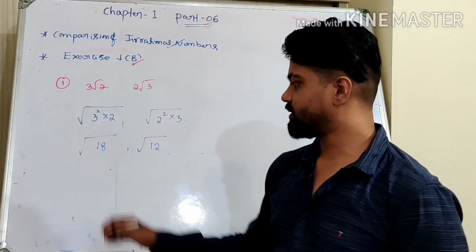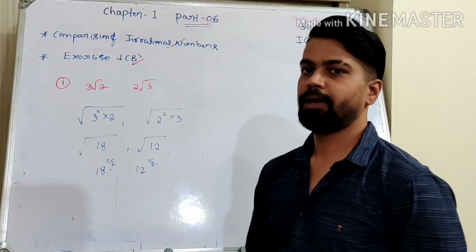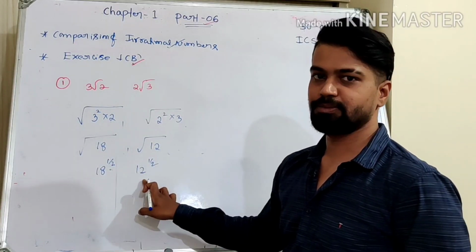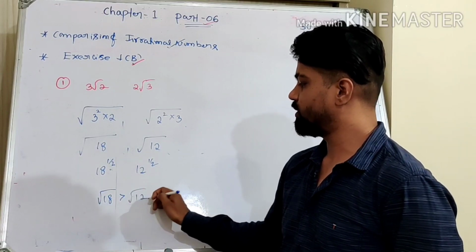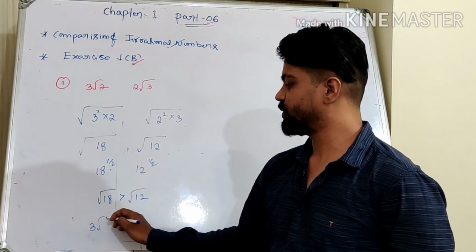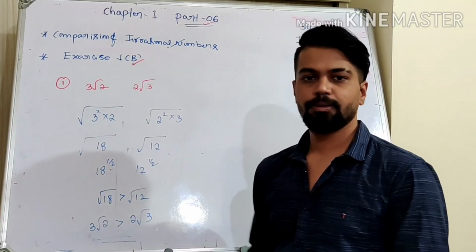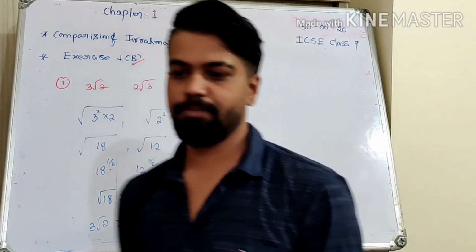That is 18 power 1 by 2 and 12 power 1 by 2. Bases are different, powers are the same, so I can compare only the bases. 18 is more than 12, so root 18 is more than root 12. So I can say 3 root 2 is greater than 2 root 3. That is how you compare irrational numbers with different powers.